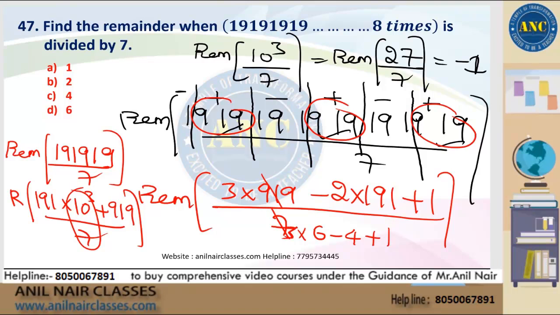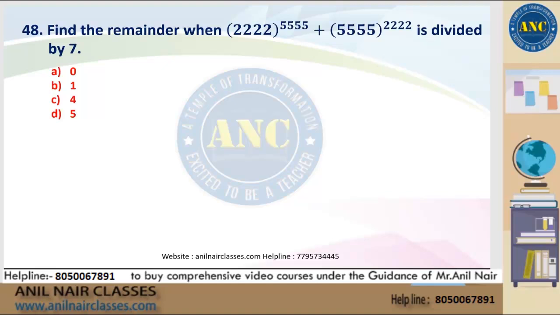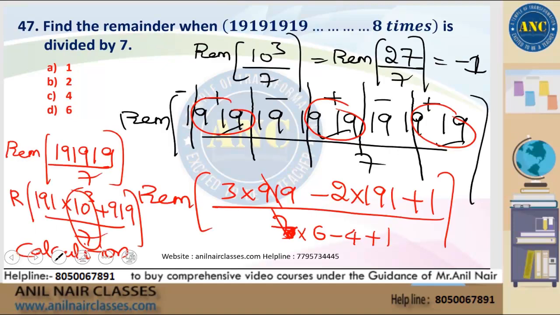So this is nothing but calculate it and get the answer. I hope the idea is clear. 10 cube divided by 7, 7 ones are 7, remainder 3, 3 cube divided by 7 is 27 by 7, minus 1. Apply the same concept, do the calculation, you will get the answer.